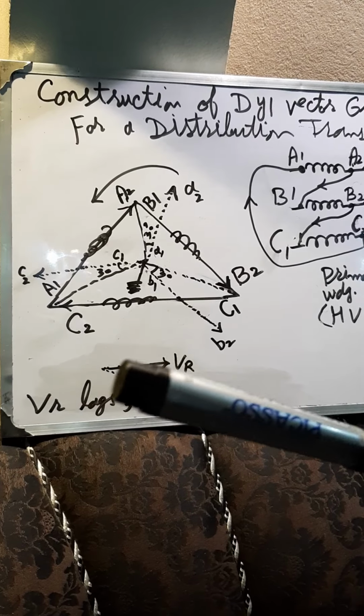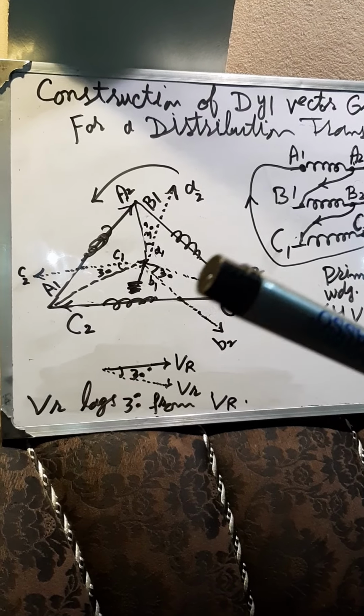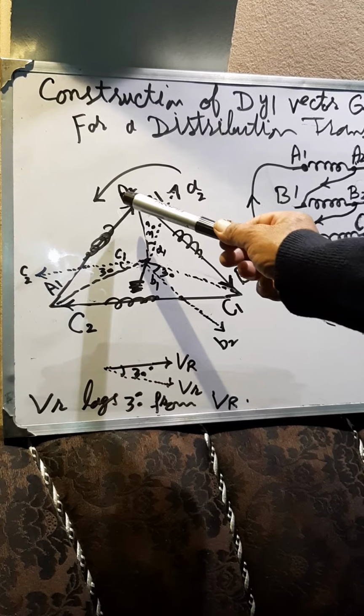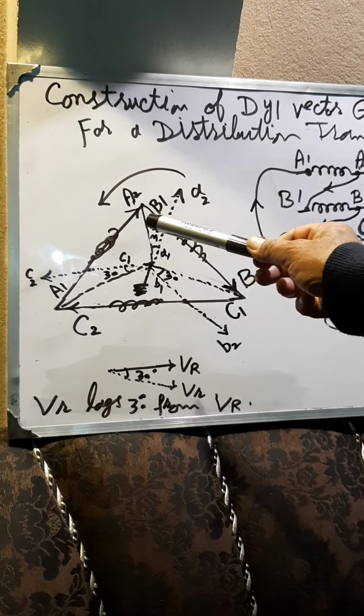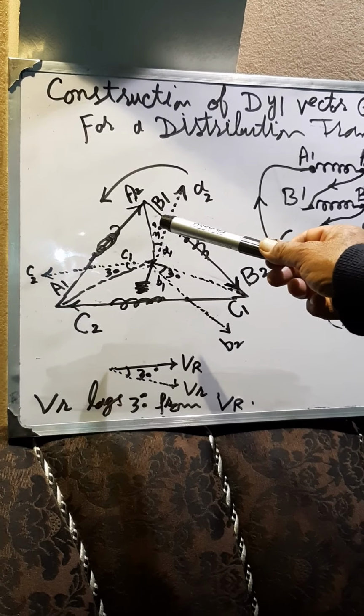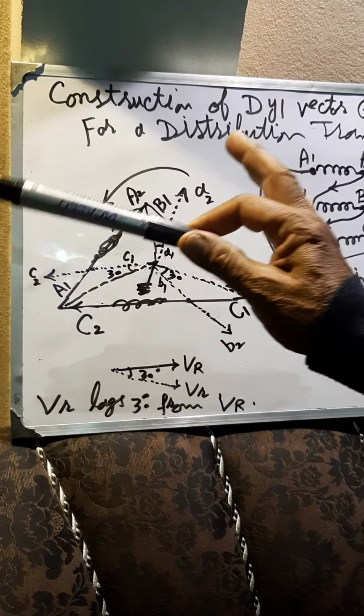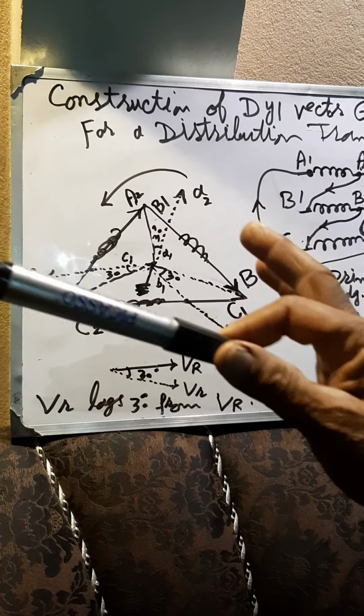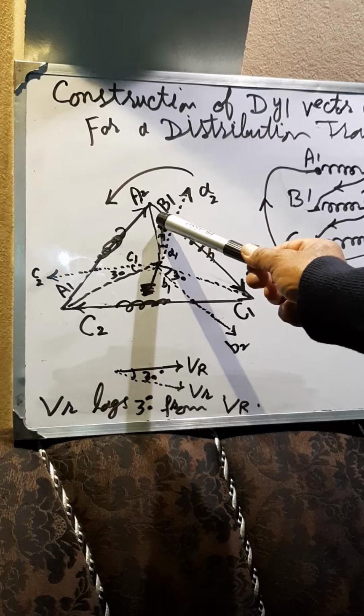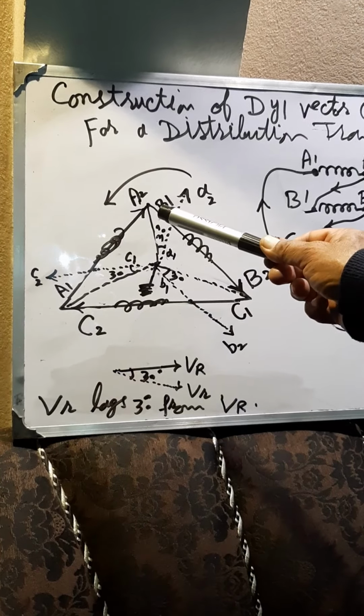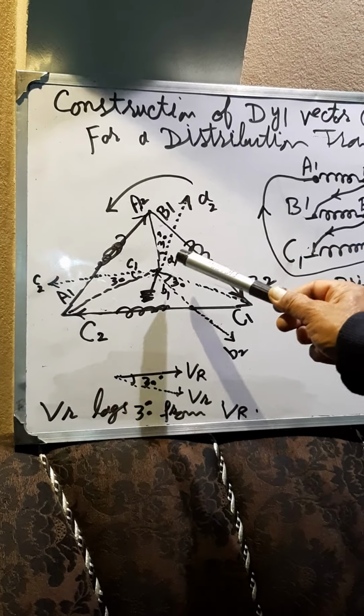Now I shall tell you the golden rule: the line vector of primary is parallel to the phase vector of secondary. I shall repeat that the line vector of primary winding is parallel to the phase vector of secondary.